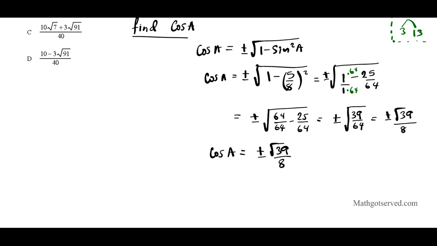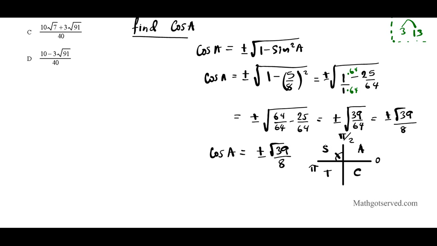Let's see what quadrant that lies in. We draw a coordinate system like this. We have 0, pi over 2 or 90 degrees, and pi. Since we're between pi over 2 and pi, we're in quadrant 2. And we know that All Students Take Calculus.